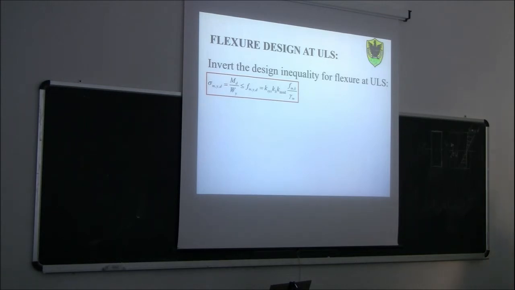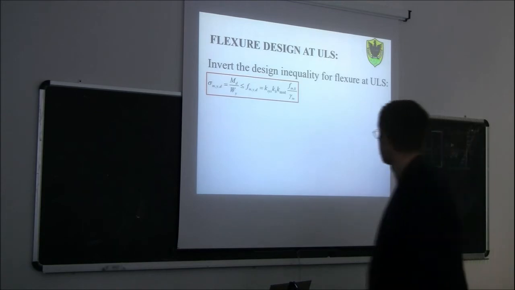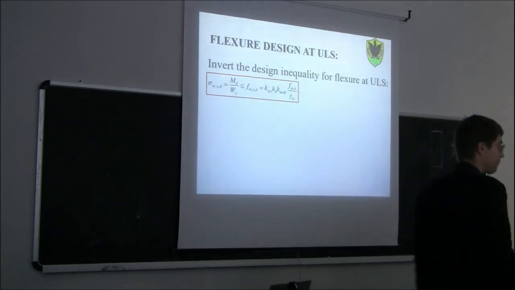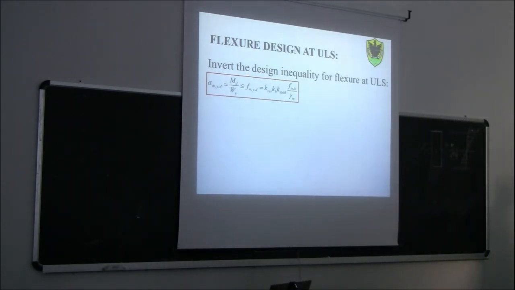In Italian this is the modulo di resistenza. So the section modulus around always y. This must be less than or equal to f_m,y,d. Again, f this time is the strength, m bending, y around the y-axis, and d the design strength.